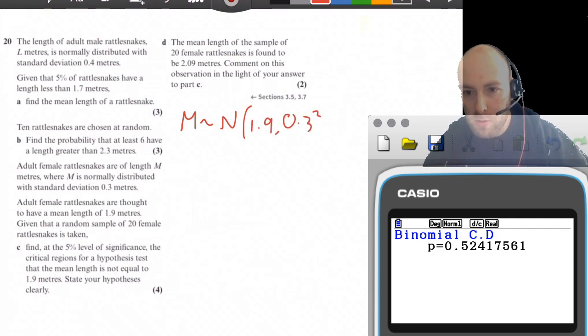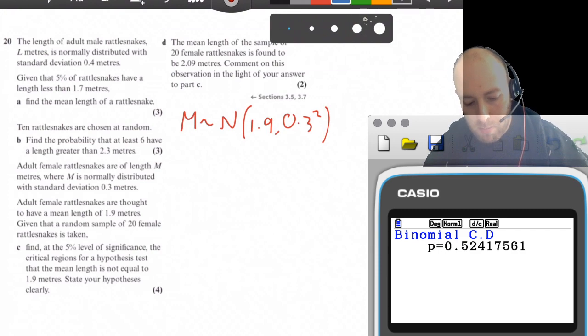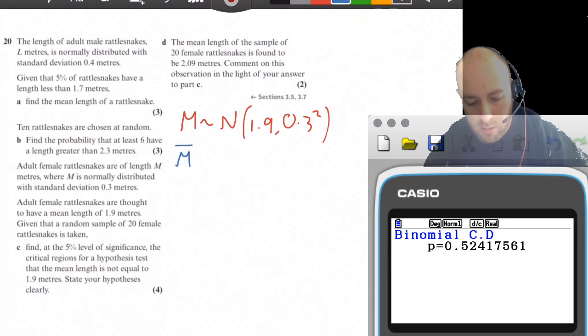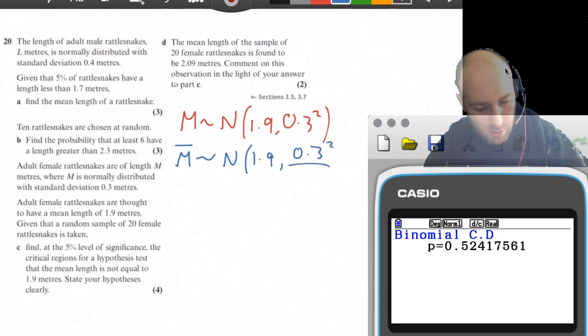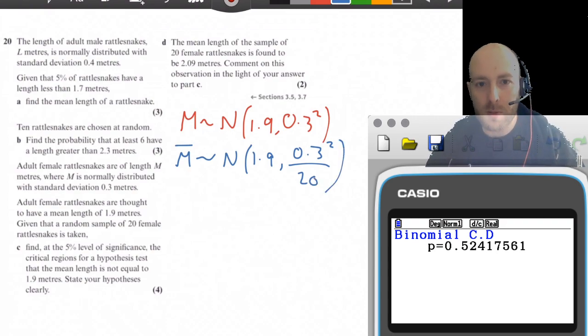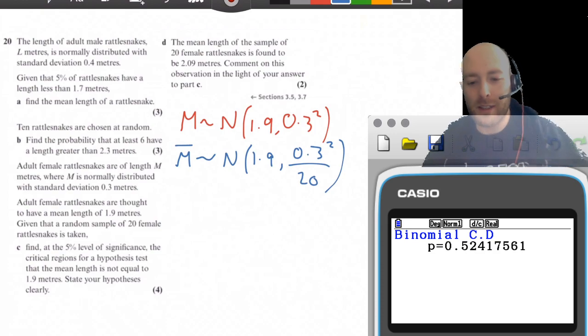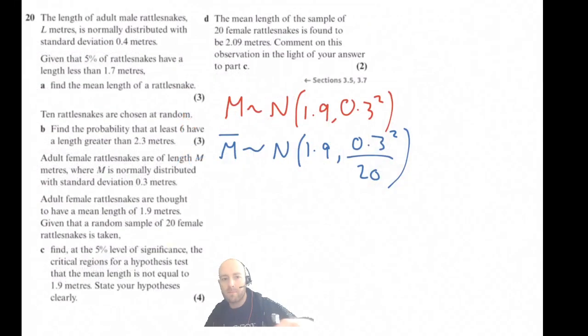So we have the distribution of sample means. M bar is normal with a mean of 1.9 and variance 0.3 squared over 20. Okay, so there's our distribution for our female rattlesnake lengths.